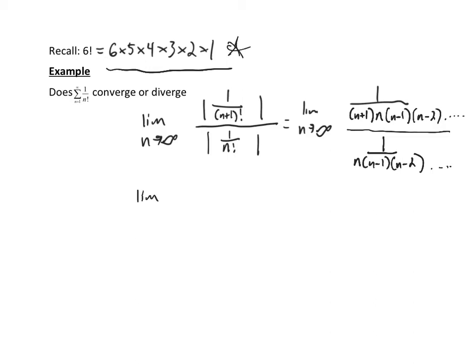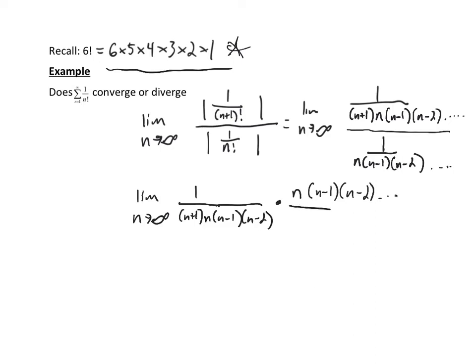So this is going to be the limit as n approaches infinity. How would we multiply by those things? You would have 1 over n plus 1 times the reciprocal, n times n minus 1, n minus 2, and on and on, over 1.